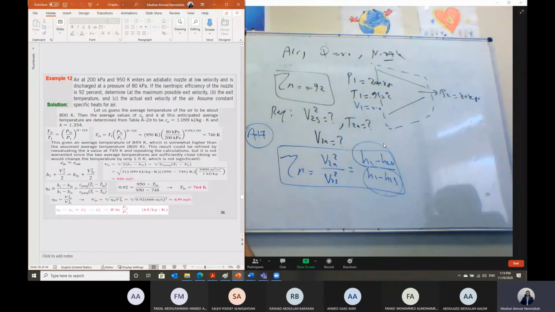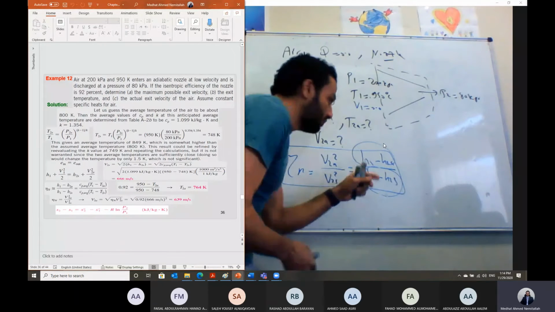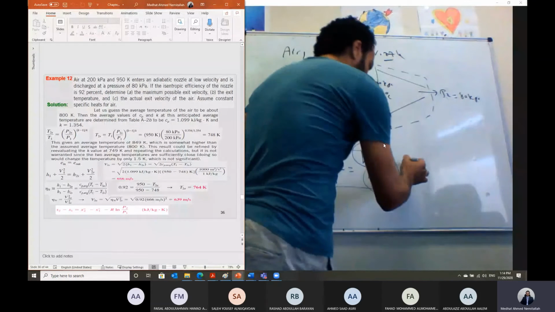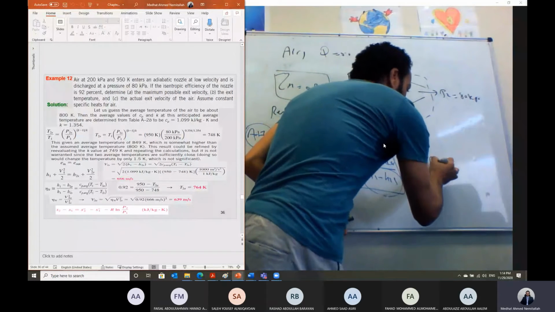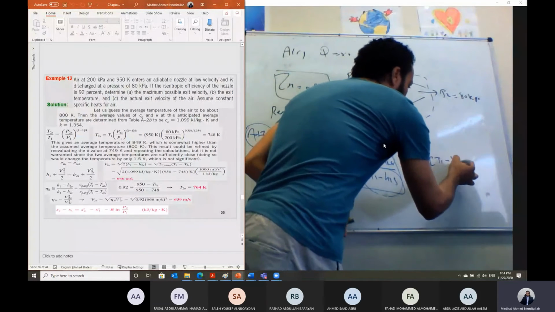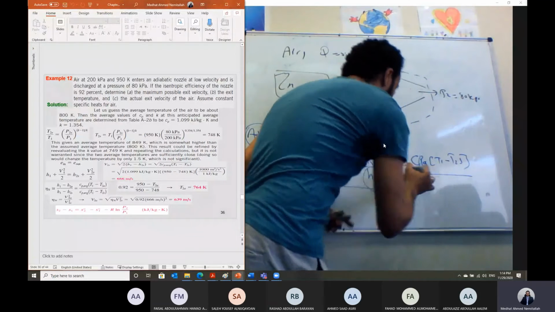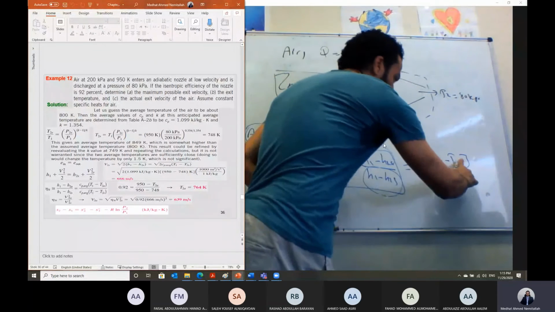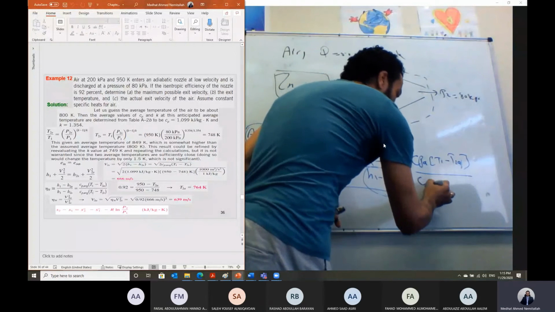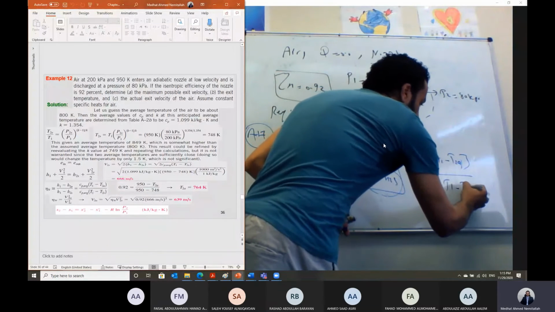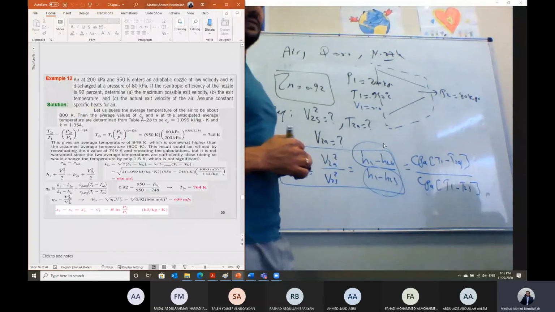But here I'm following the approximate analysis, or the constant specific heat analysis, in which we can substitute delta H with Cp average multiplied by T1 minus T2 actual, divided by H1 minus H2s, which is Cp average multiplied by T1 minus T2s.